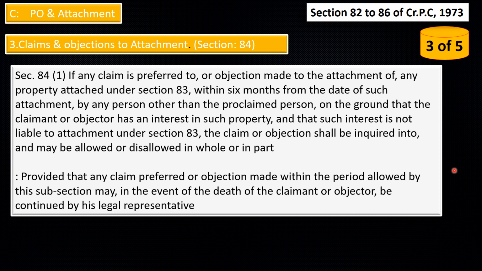It also explains that where a property is attached of a proclaimed person and the proclaimed person dies, after the death the property will continue to be attached by the court and be continued by his or her legal representative. The same applies to the claimant or the objector under section 84.